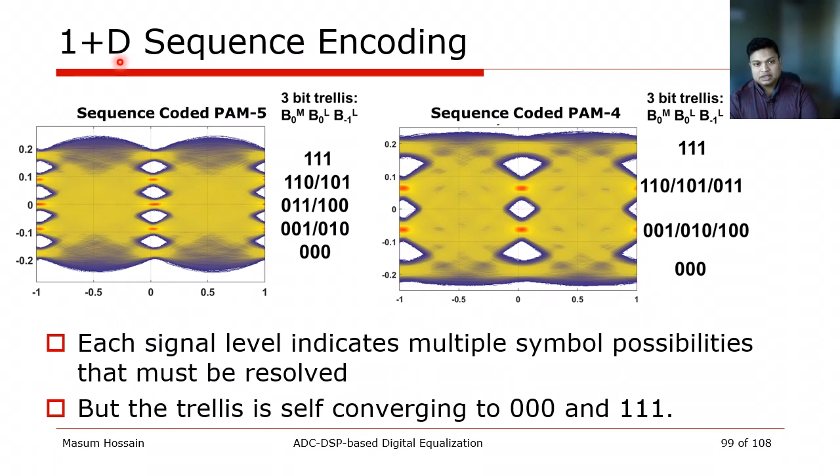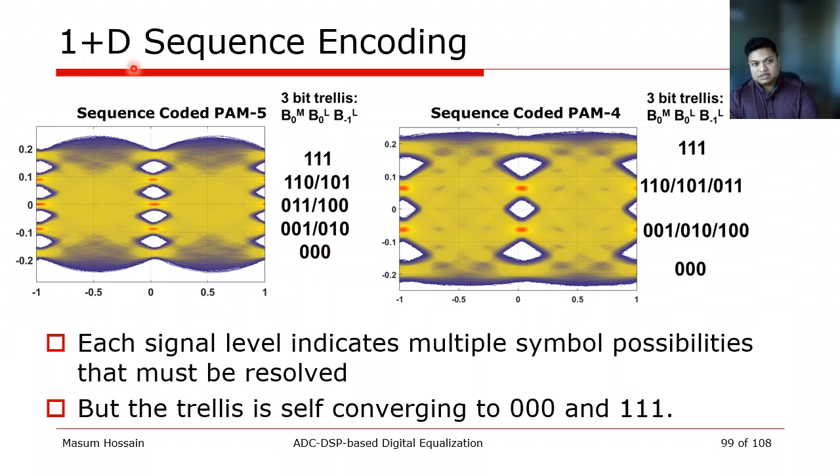Think of that we have created a 3-bit trellis as an example for simplicity. This involves the current MSB, current LSB, and only one bit from the previous symbol, which is the LSB. Because 3 bits can combine in 8 possible ways, those are shown here.